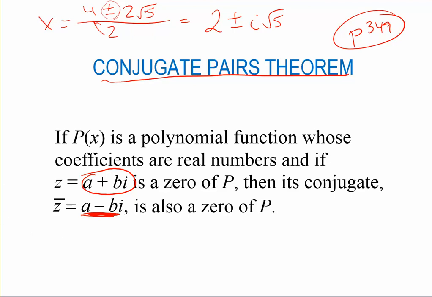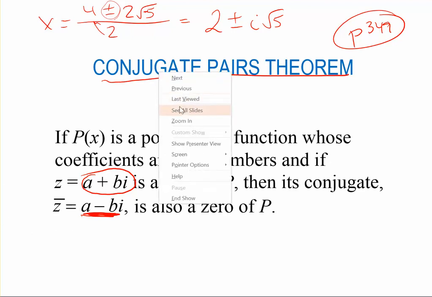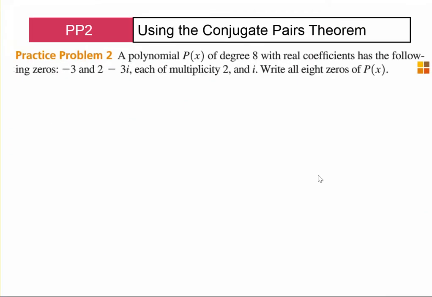So practice problem number 2. We have a degree 8 polynomial. How about that for some? And then we come back to this multiplicity thing that we talked about in 3.2, or else you read in 3.2 if you read it.